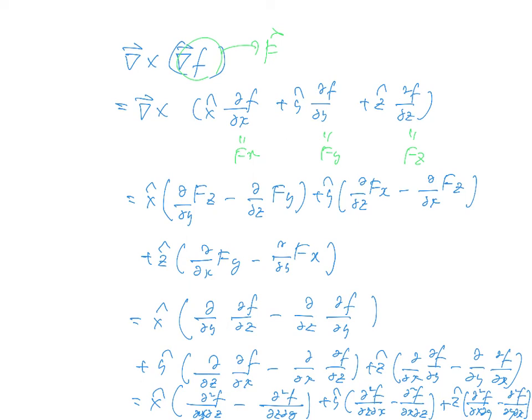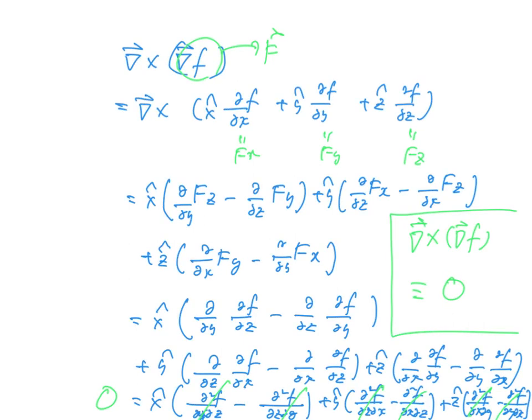So in the second order derivative, if you change the order, it doesn't change, right? So this is basically 0. This cancels each other, and this cancels each other, so it becomes 0. So we have a very important relationship that the curl of the gradient of f is always 0. This is a very important result.